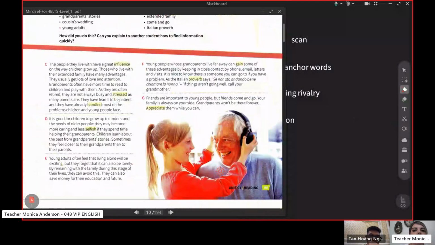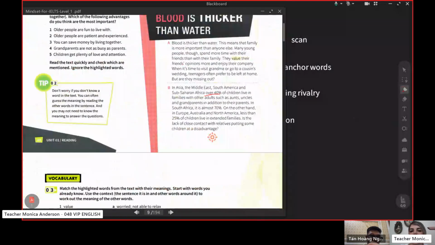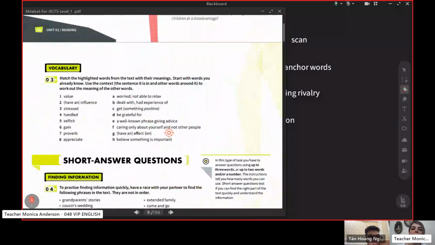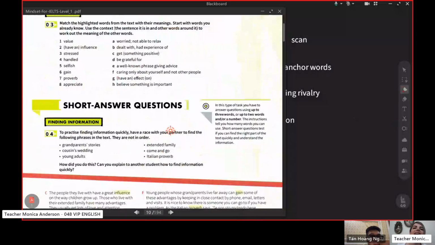Of course, we could find the first answer in paragraph B. So as I told you before, normally in IELTS, for example, short answer questions, the answers are in order. So if the first answer can be found in paragraph B, then the next one should be located in the next paragraph.